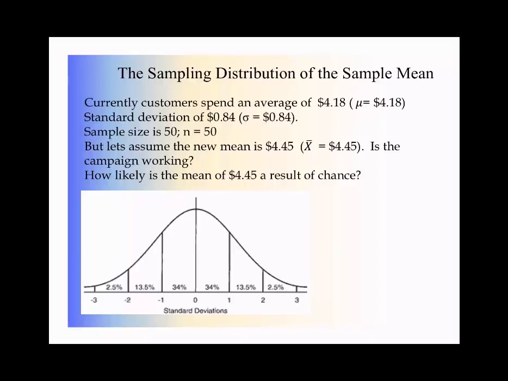So we'll go about it the same way, in that we'll do our z calculation. So z will equal $4.45 minus 4.18, divided by the same standard error, 0.84 divided by the square root of 50.